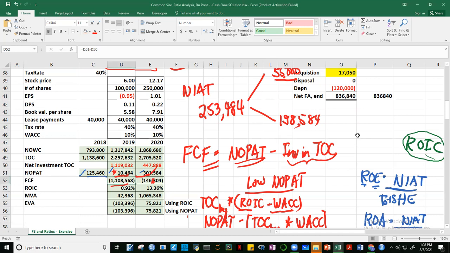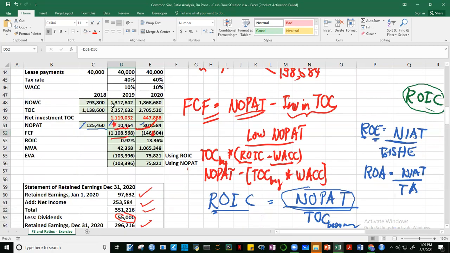Okay, our question, guys, is this. Does this negative free cash flow, negative 1108, mean that the performance of the firm is bad? Okay, let's take a look at the formula. Free cash flow is equal to NOPAT minus investment in TOC. So the answer to that question is, it depends. Because there is negative free cash flow that is bad, and there is negative free cash flow that is good.